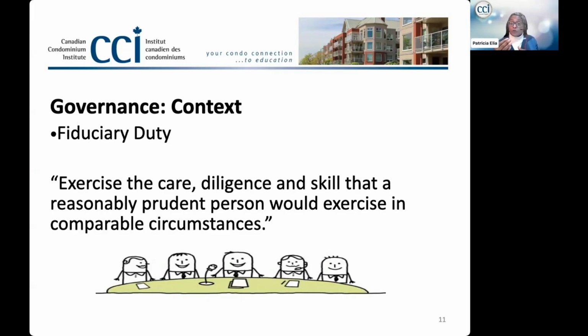But we have to also exercise those duties and functions with the care, diligence, and skill that a reasonably prudent person would exercise in comparable circumstances. And with the advent of director education, which was not always the case, but in 2017 became part of the legislative framework, which is a great idea, directors actually were held to now a higher standard.